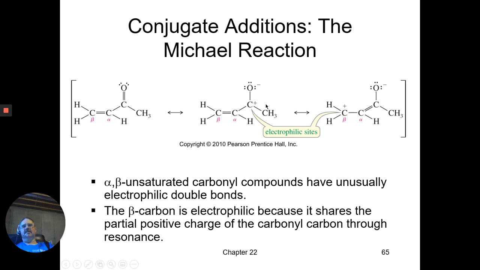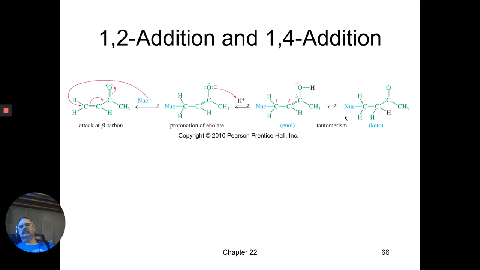If you look at the resonance structures, we have an electrophilic carbon here with the carbonyl, and we also have an electrophilic carbon here at the beta position. So there are two possible addition sites. There's what we call 1,2 at the carbonyl, or 1,4 where we add to the alkene.